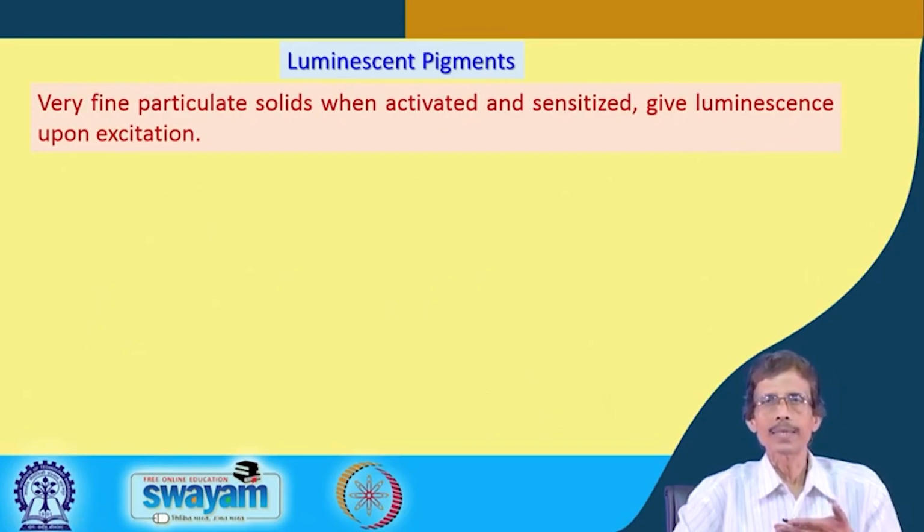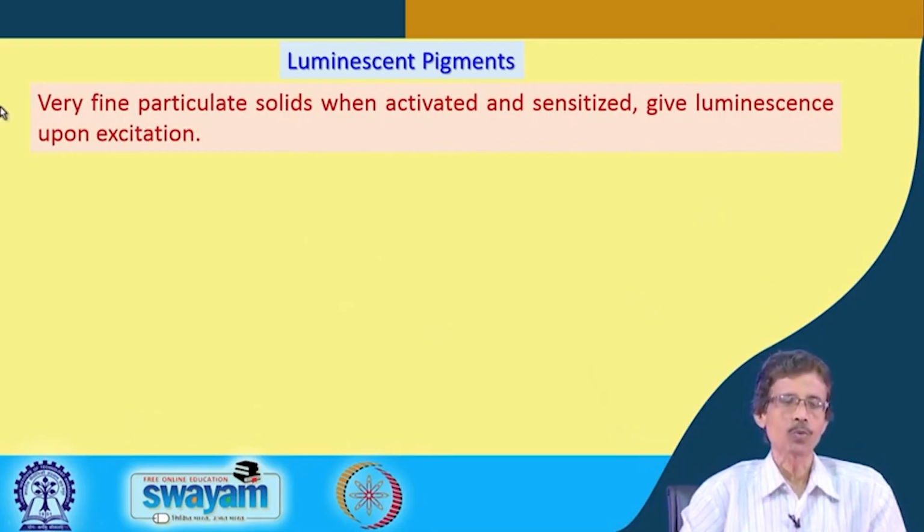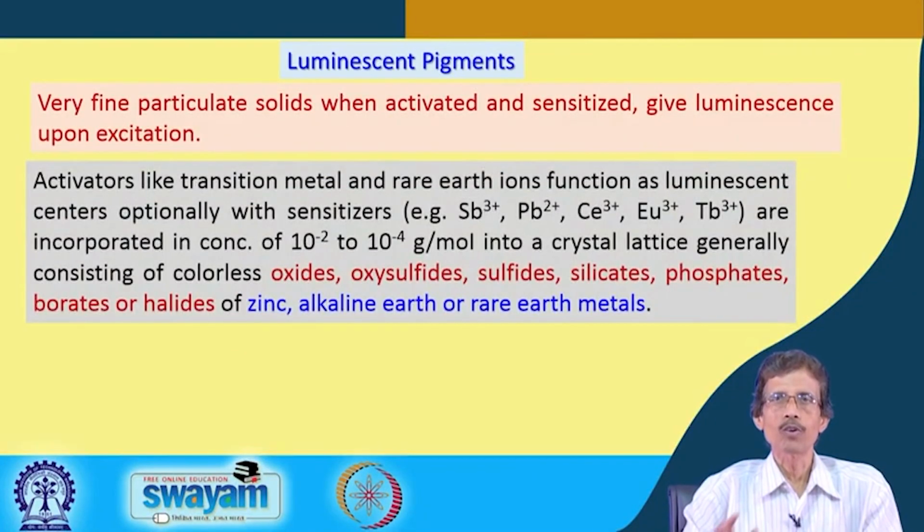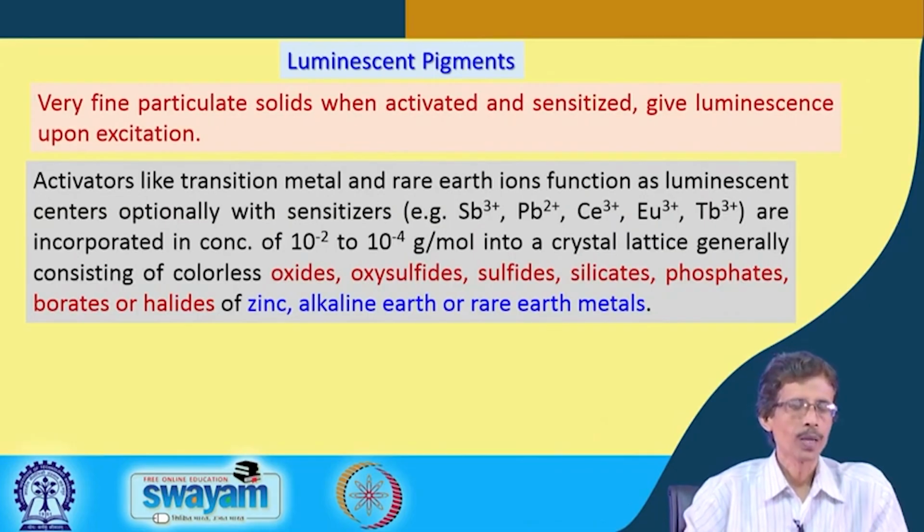So, you have the excited state. You excite those particular species which are responsible for the luminescence behavior, and when they come from the excited state to the ground state, they give you the luminescence property, which is completely different from the other property we are seeing through scattering.